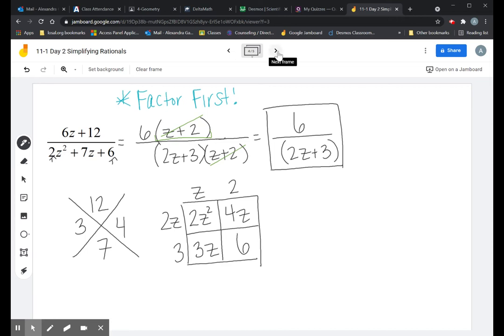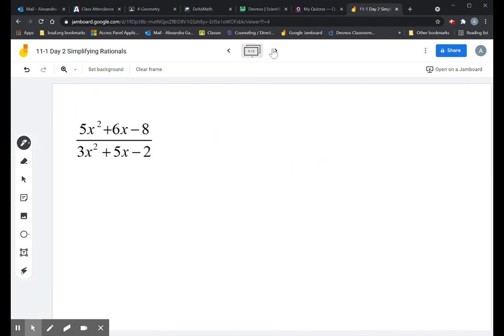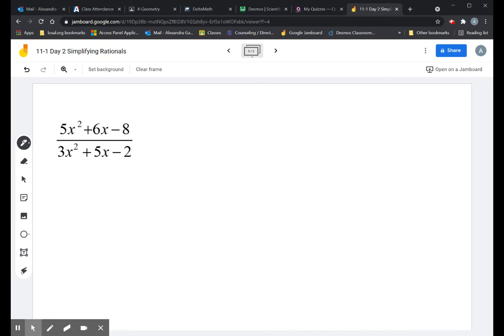Okay, last question. Looking a little busy. Looks like I have a trinomial and another trinomial, so that means 2 X boxes. Let me leave myself some space down here. So factors of negative 40, because I'm going 5 times negative 8, that add up to 6.